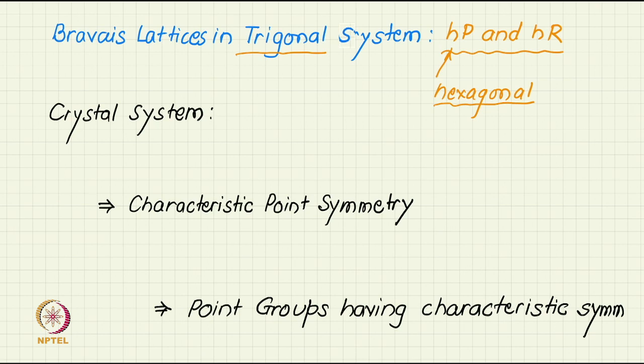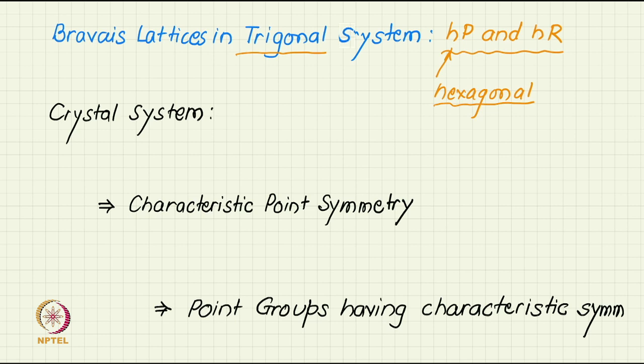Now, crystal system, as you know, implies a certain characteristic point symmetry. This I keep emphasizing, and it is important to keep in mind, that a crystal system is not defined by certain relations between lattice parameters, but by a crystal having certain characteristic point symmetry.